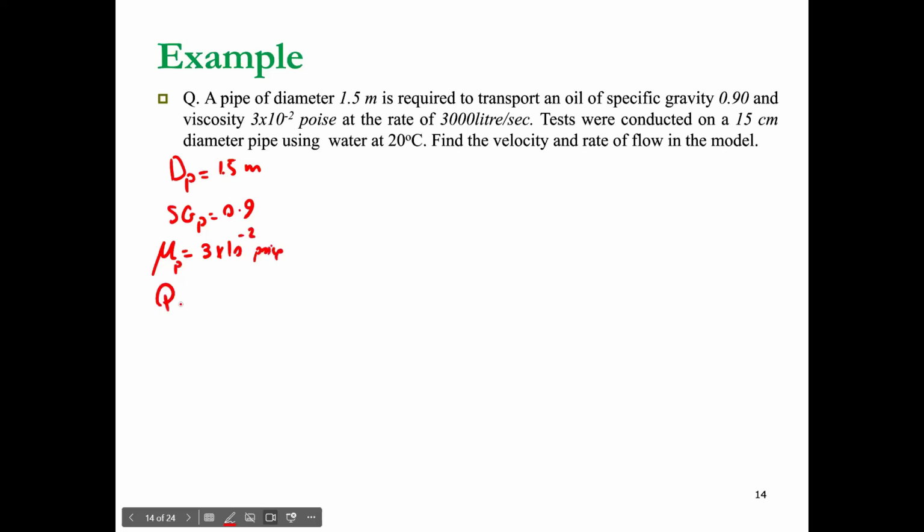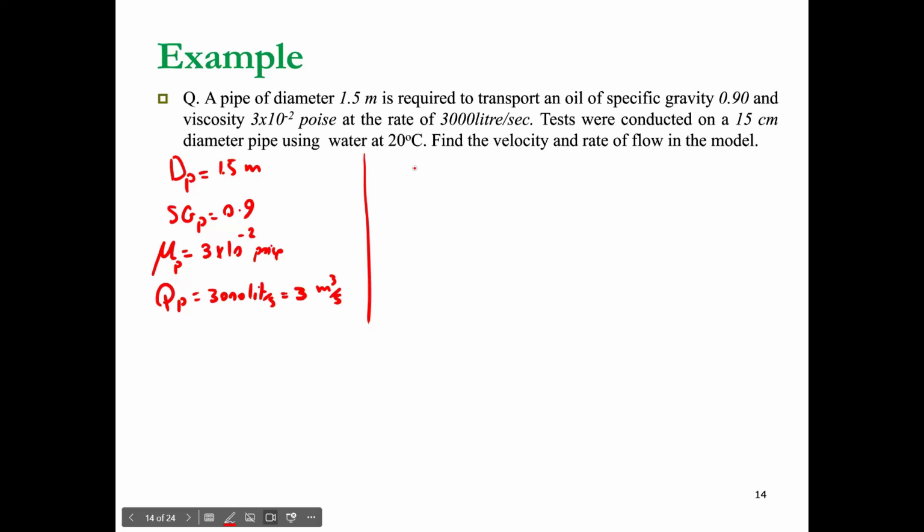And Q of P is 3000 liter per second, or if you divide it by 1000, you will end up with cubic meter per second. That's the first list. I always try to write the list for myself here.